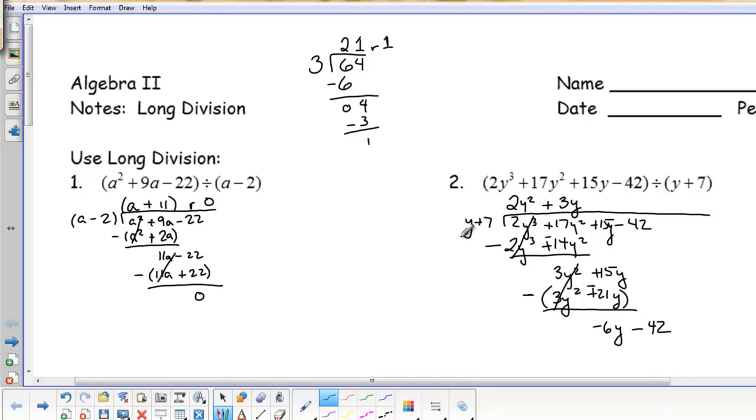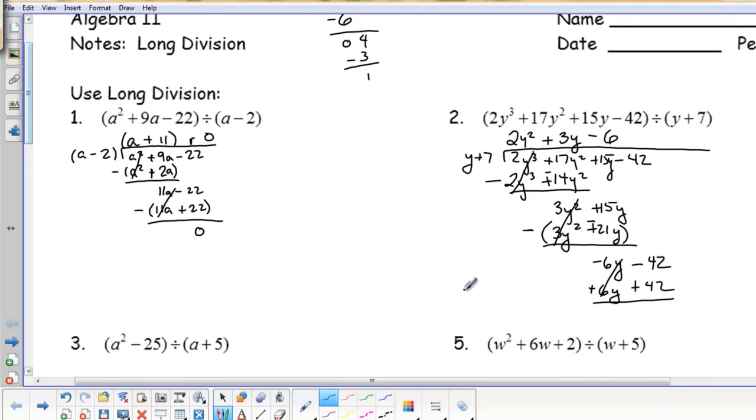And one last time. What number times y equals negative 6y? That's a negative 6. Multiply the negative 6 to every number inside the binomial, and I get negative 6y minus 42. Draw the line, change every sign. My check still works out at every level of the long division, and the answer to this is remainder 0.